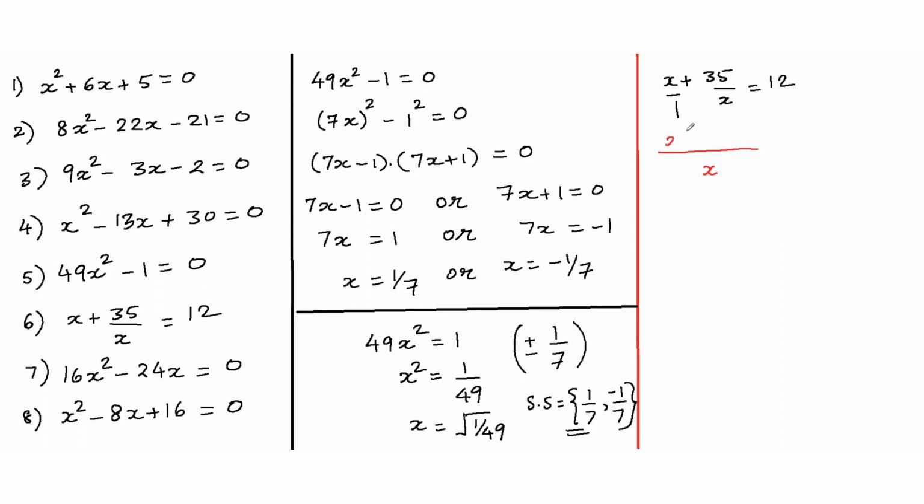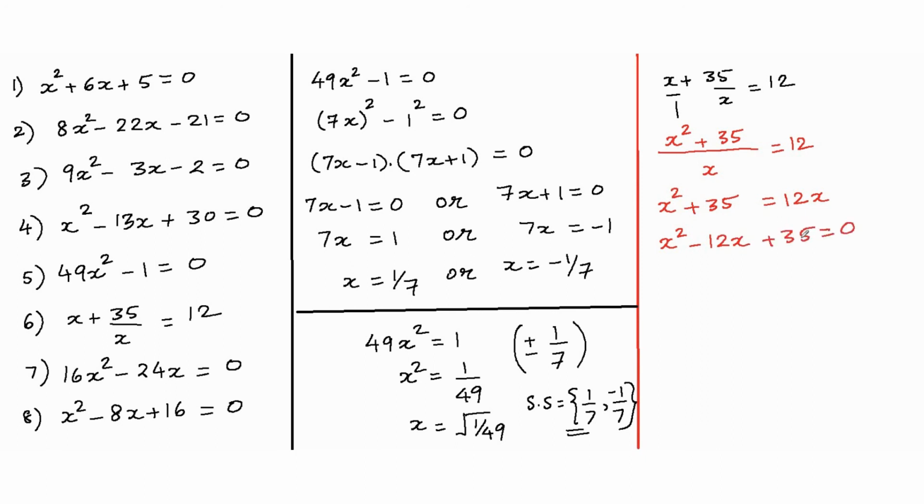So x multiplied by x gives you x square plus 35 is equal to 12, right? The x goes to the other side for multiplication. So we get x square plus 35 is equal to 12x. Shifting the 12x to the left hand side, we get x square negative 12x plus 35 is equal to 0.